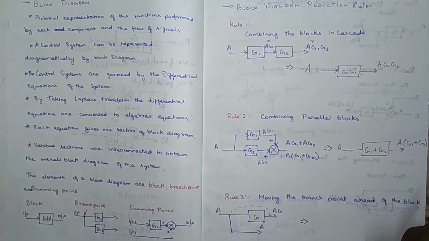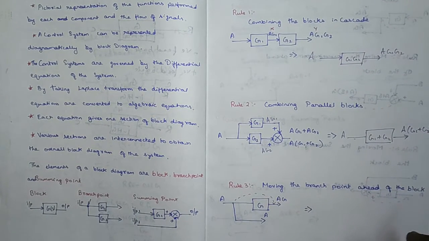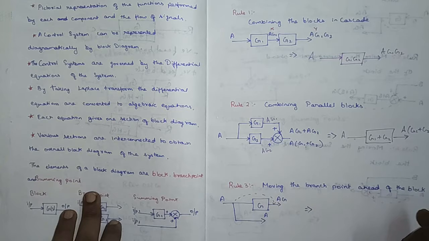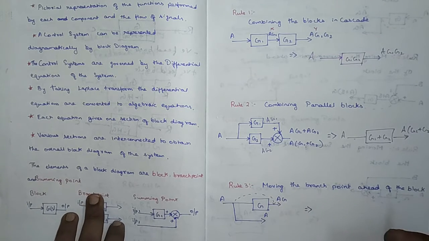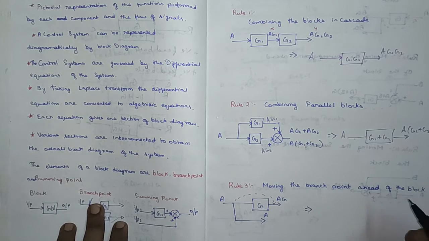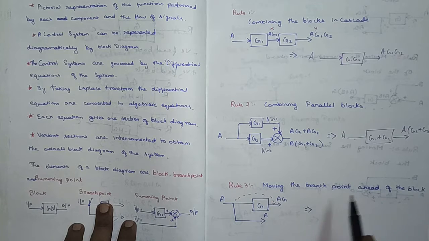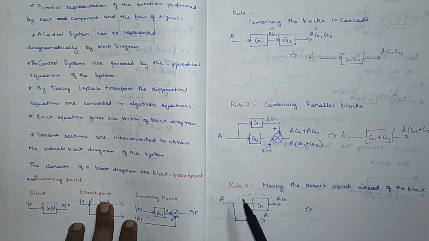Now we will consider that we do not find any series or parallel component. So we are in a position to move a branch point to the right of the block. What happens when a branch point is moved to the right of the block, that is, ahead of the block? Rule 3, moving the branch point ahead of the block. We are considering a block structure here.